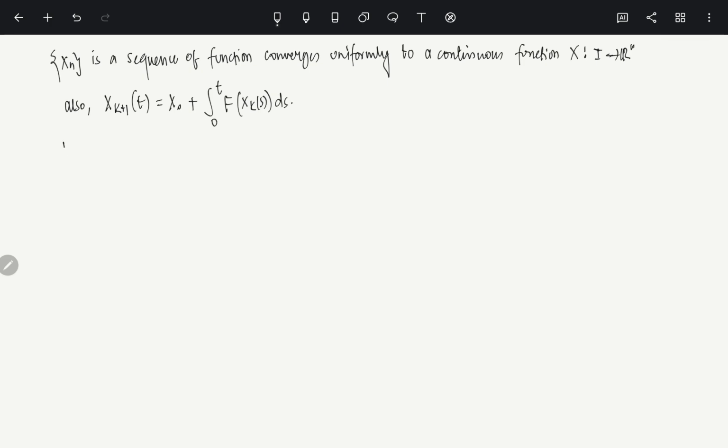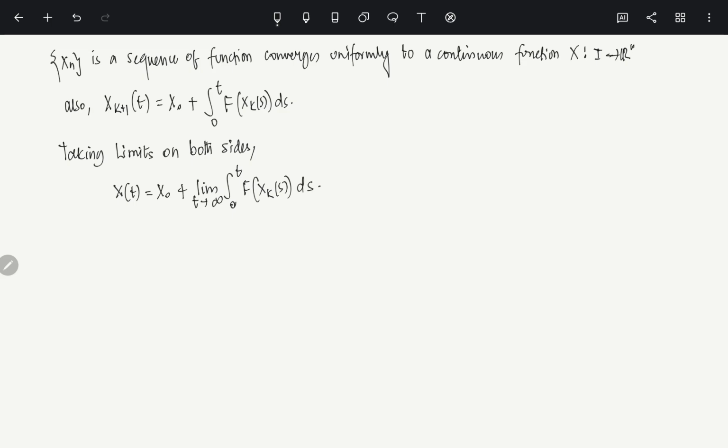Now if we take limits on both sides, what do we have? We have x(t) is nothing but x naught plus the limit as k tends to infinity of the integral from 0 to t of F of x_k(s) ds.